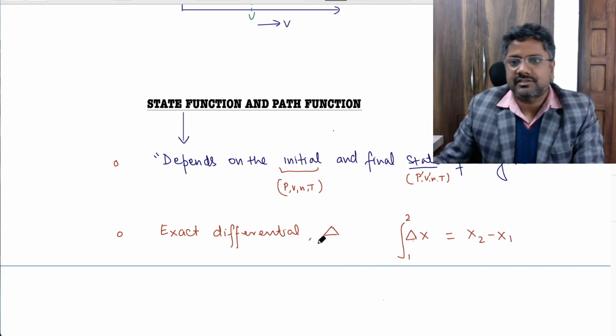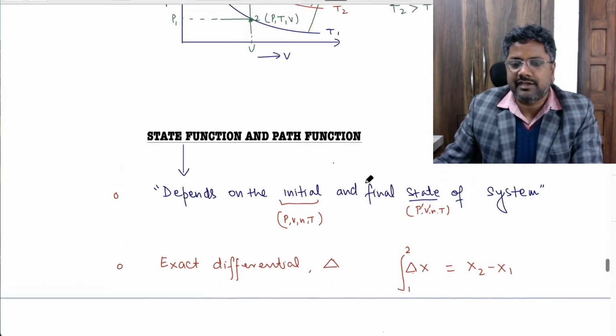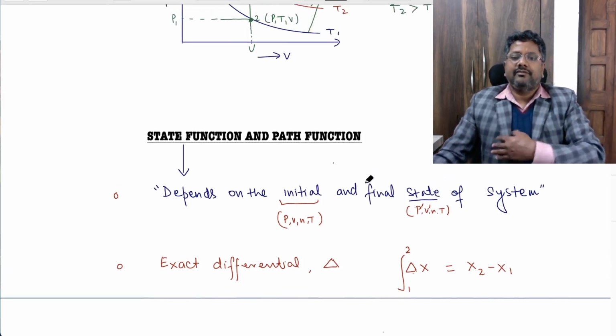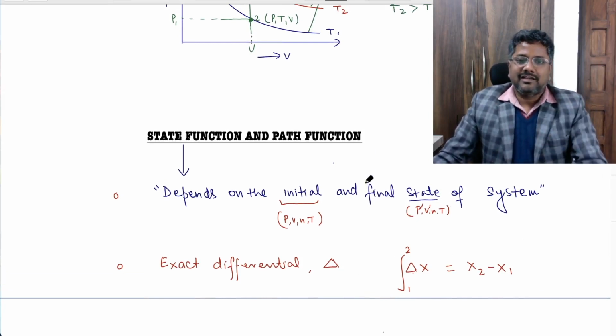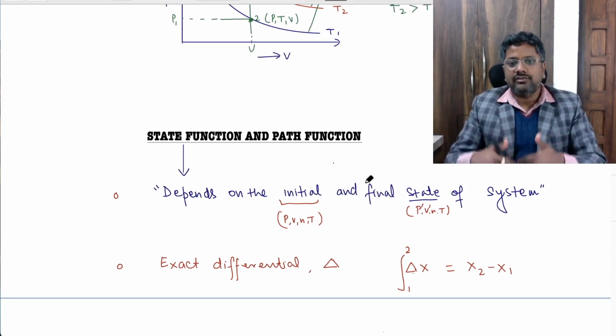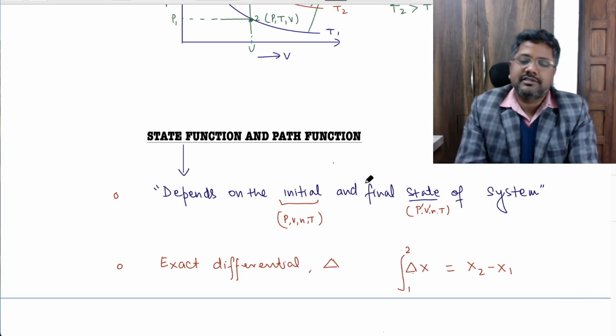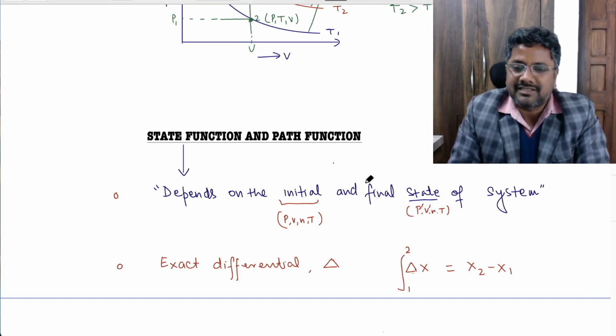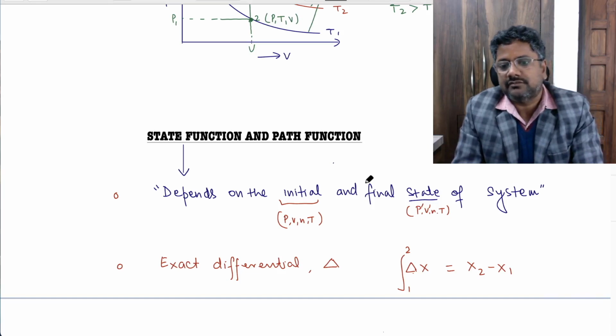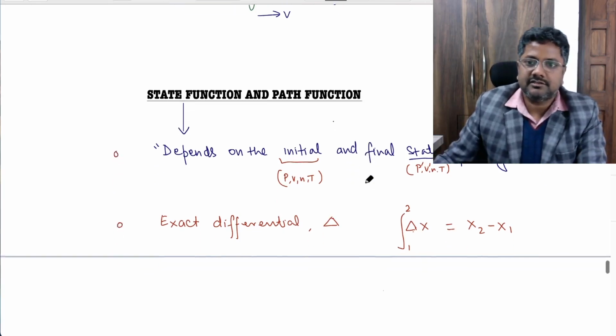So state functions are exact differential and they depend on the initial state, meaning initial values of P, V, and T, and final values of P, V, and T, and they are independent of how this transformation, or how these initial and final values of P, V, and T, have been achieved. So it is independent of the history of the system, right?